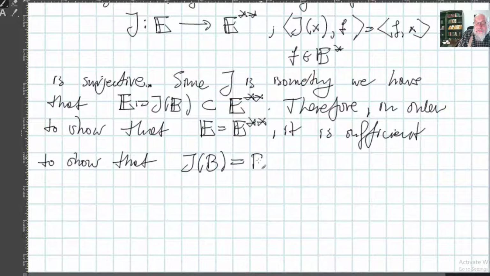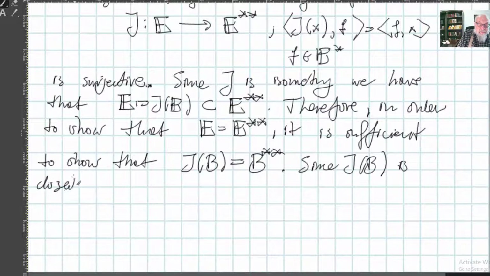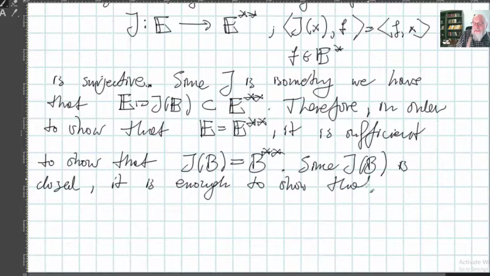However, we also know that J of B is closed because that's an isometry. So since J of B is closed, it is enough to show that any element from B double star is in the closure.